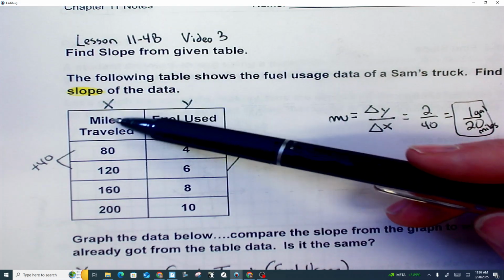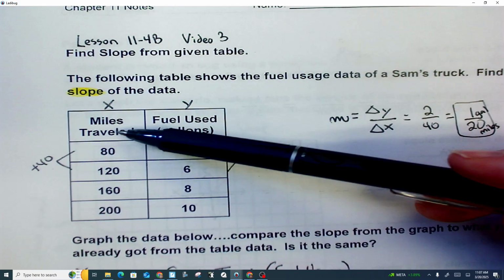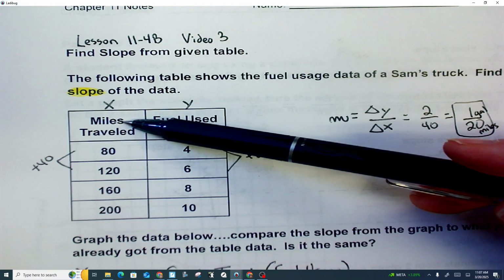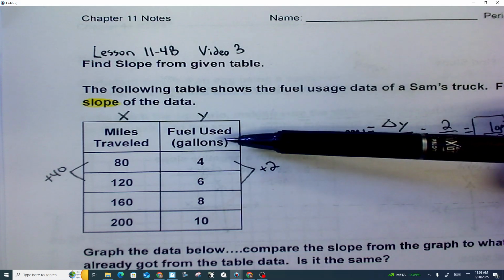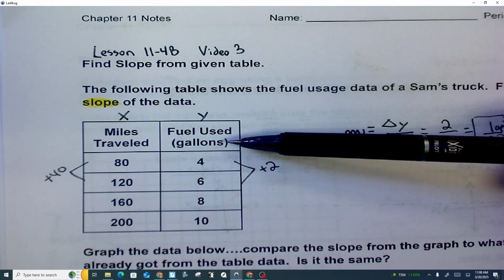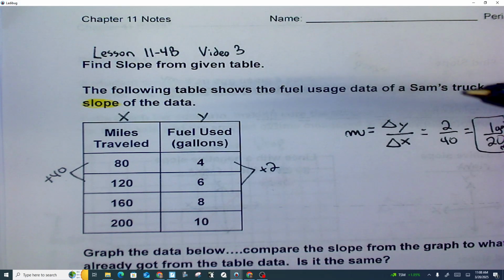And it says that x should be miles traveled. So I'm going to come back down to my graph and label my x numbers as the number of miles traveled. And then if you look at the table again for the y, it's just the number of gallons of fuel used. So I'm going to label my y-axis this.